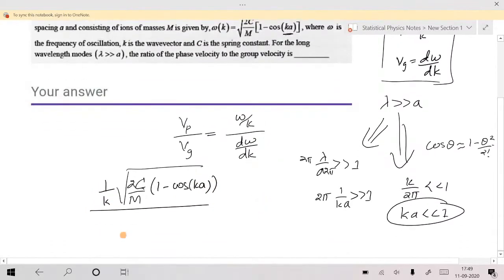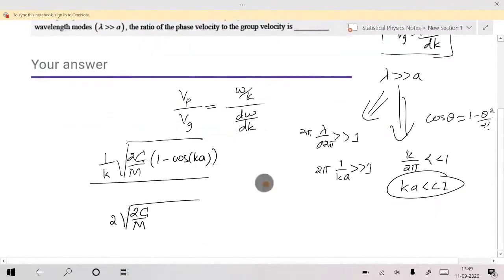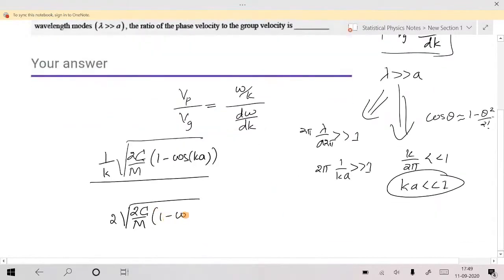If you take the derivative, what will happen? 1 by 2 root of 2c by m into 1 minus cos ka, into the derivative of the inside quantity, 2c by m into 1 minus cos ka. This derivative is sine ka.